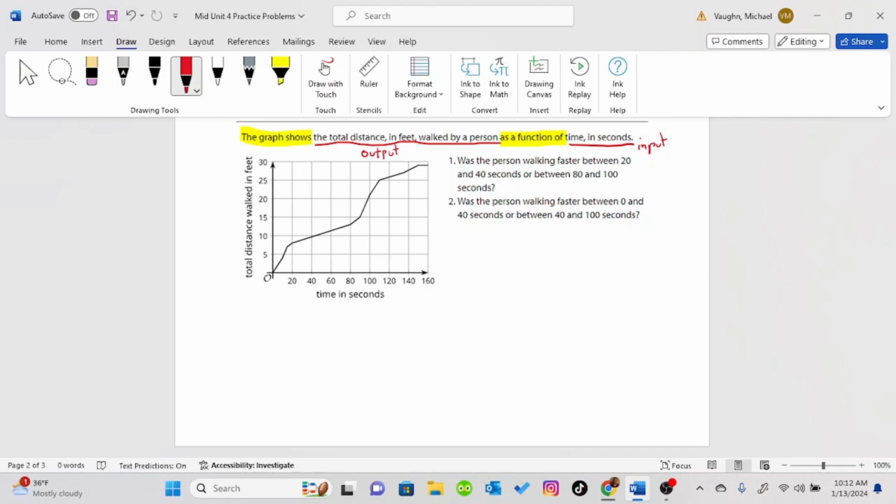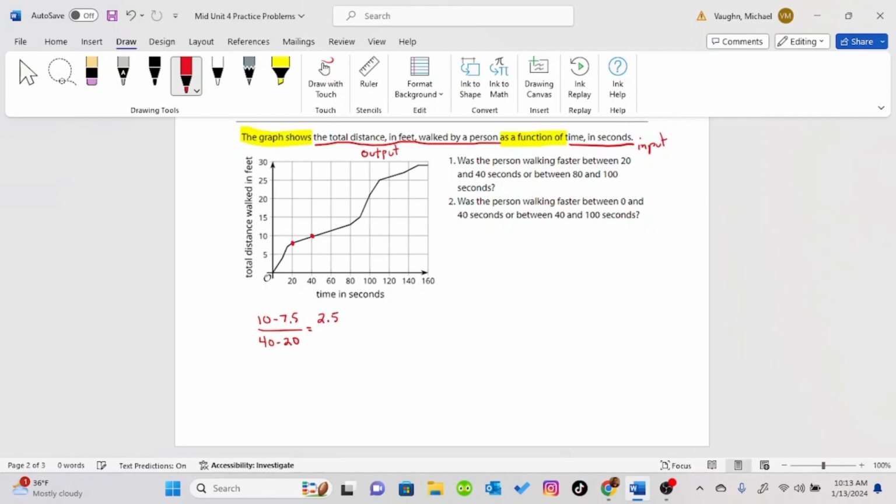So between 20 and 40 seconds, we increased from about 7.5 to 10. So we would say 10 minus 7.5 is our change in y. And we went from 20 seconds to 40 seconds. So 40 minus 20 is our change in x.